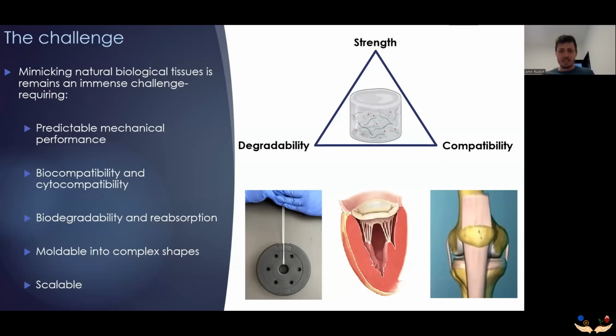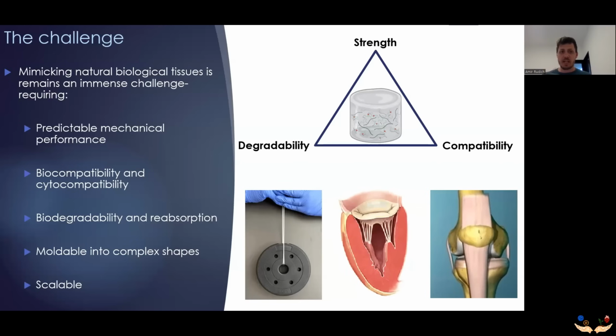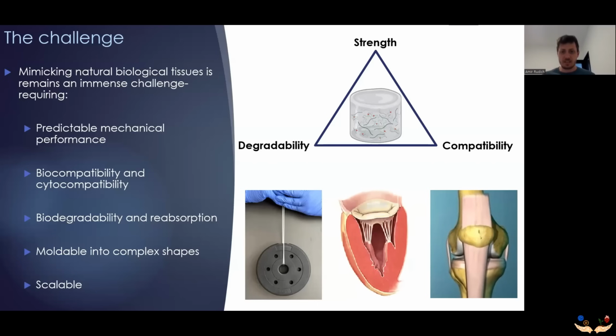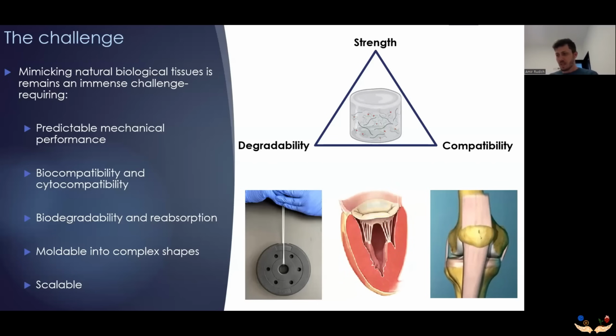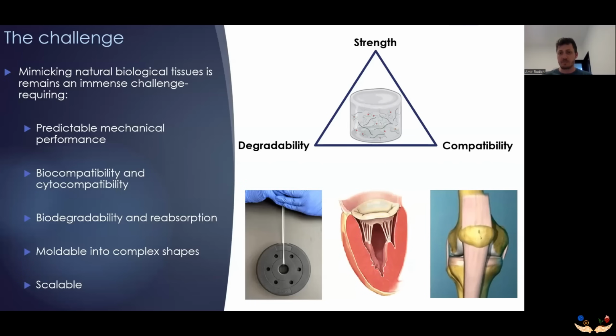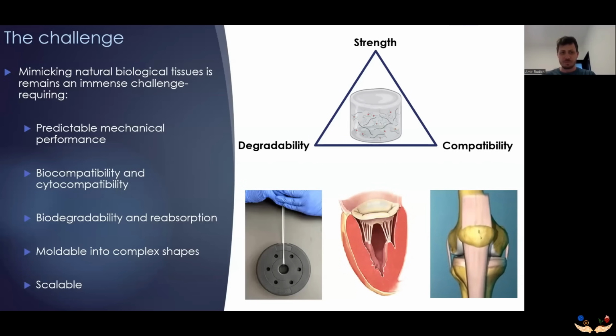For any intended material for these applications, we need to have a way to predict and control the mechanical performance. But we also need a material that is able to provide a biocompatible environment for cells to attach, adhere, proliferate, and eventually grow and replace the infected tissue.